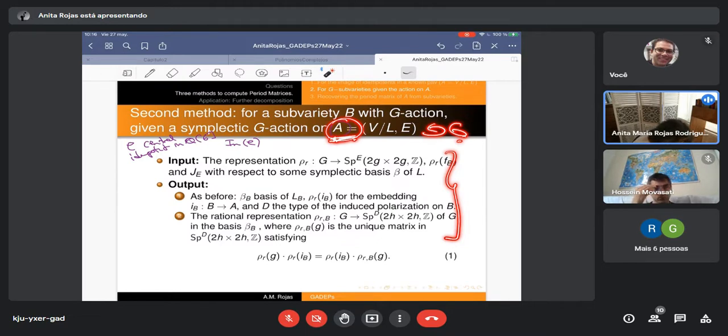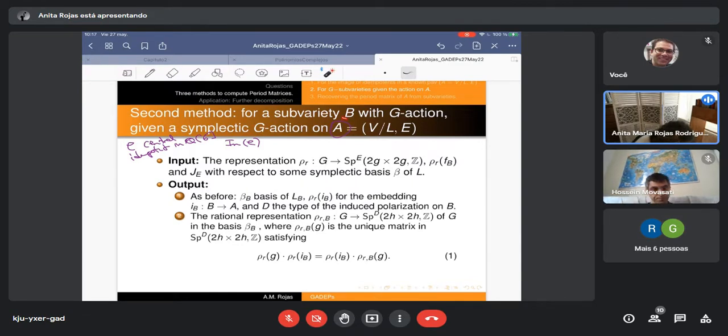So in that case, what we do is to compute the central idempotents and the Riemann matrices of the period matrices of the subvarieties. And in combination with the third method, you can recover the period matrix of the ambient variety. Okay, so this method can be used for A, but in many cases, you can't do it because of problems with the computer. So that's why a detour is to find the Riemann matrix of the subvarieties and then recover the ambient one.